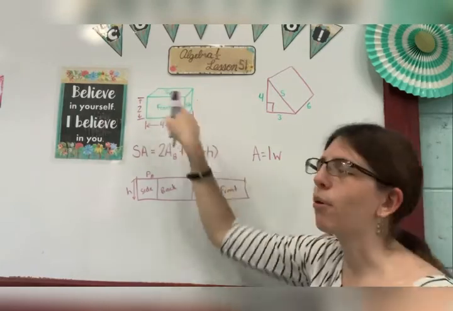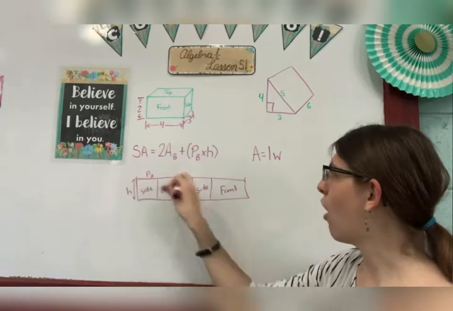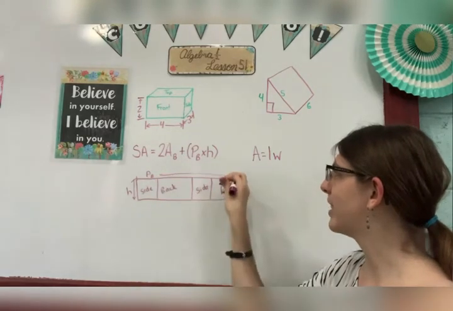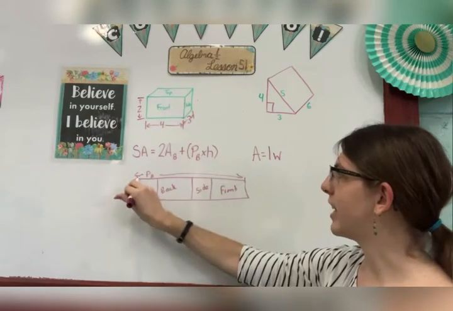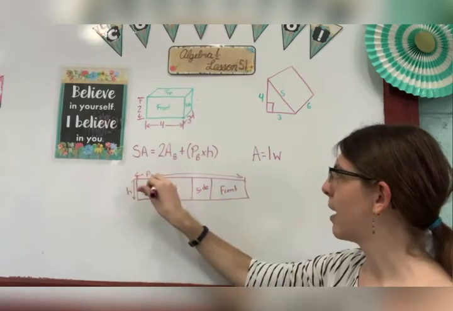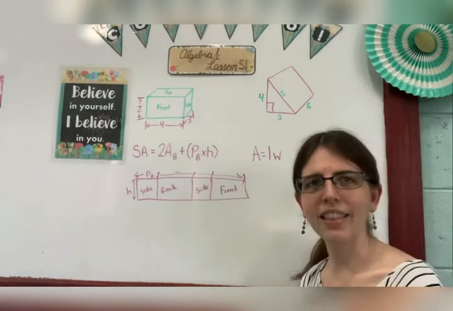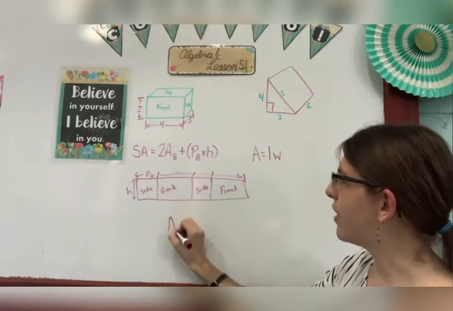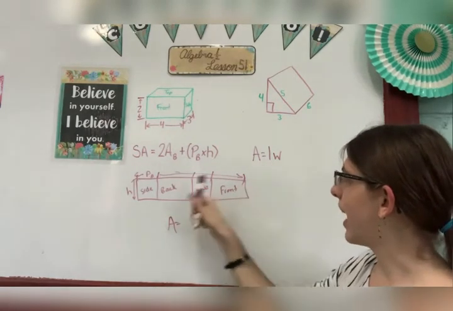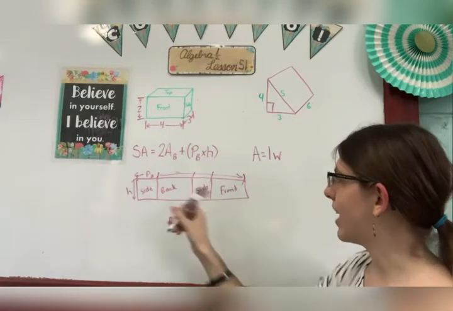That's what makes up the perimeter of my base. So if I want to know how long this is from side to side, I find the perimeter of my base, because it gives me this length plus this length plus this length plus that length all together. So the area of this shape, the length is the perimeter of the base, and the width is the height.